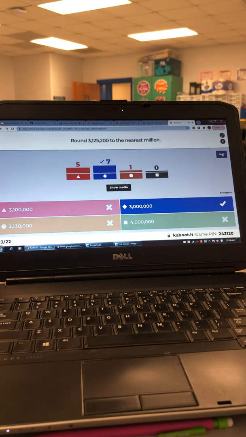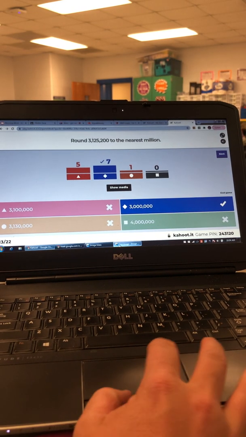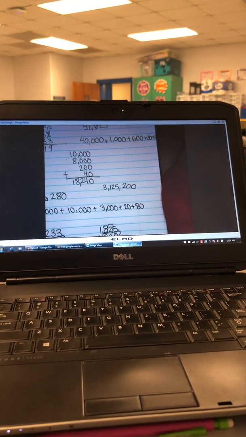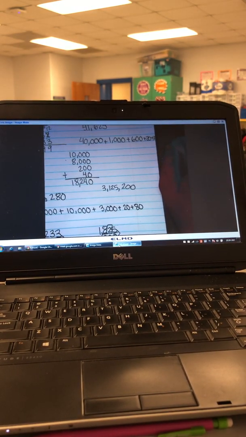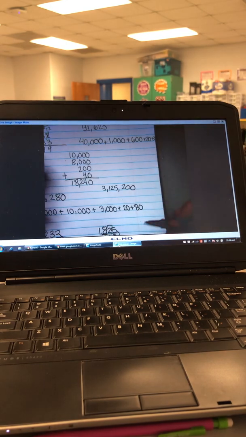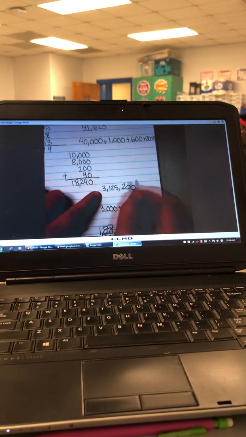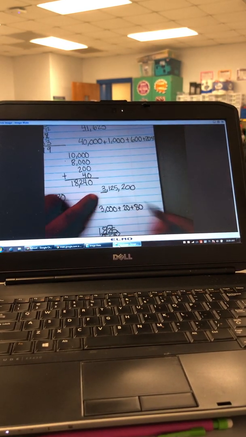Let's look at this problem. We're rounding to the nearest millionth place. So my 3 is my millionth place.